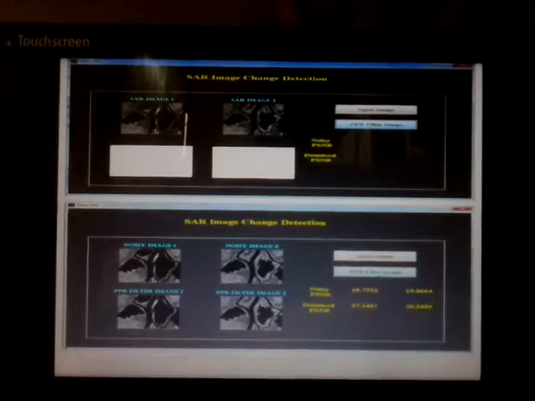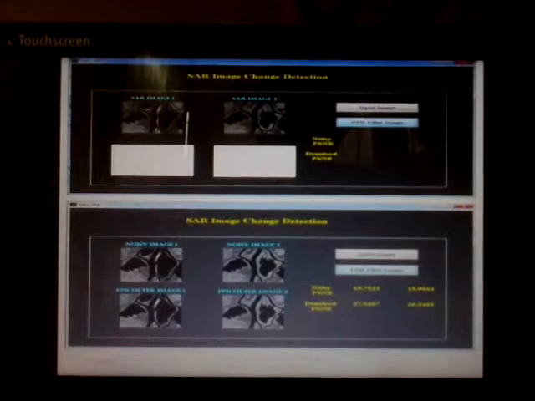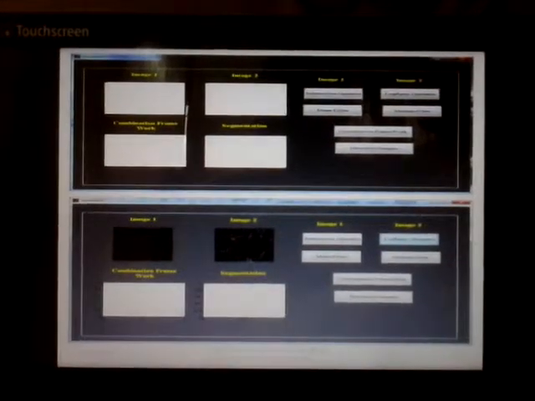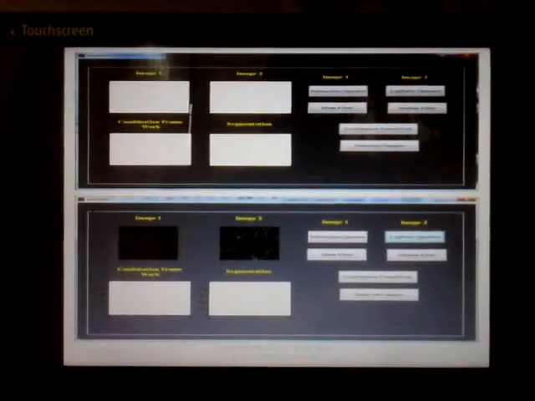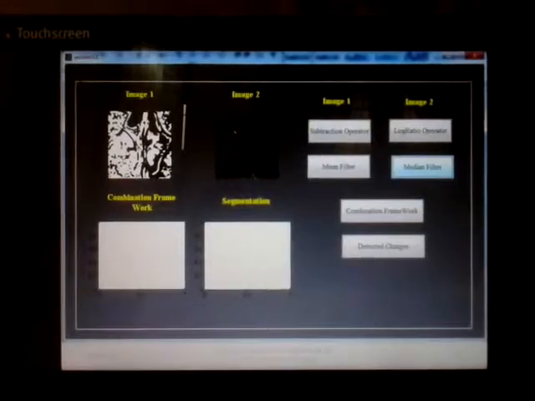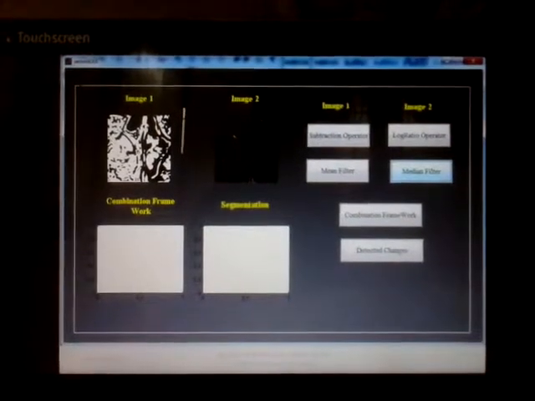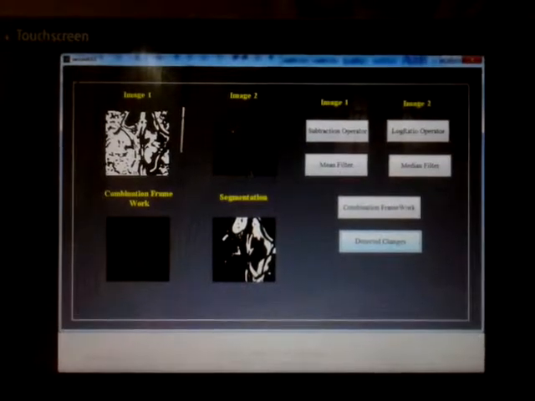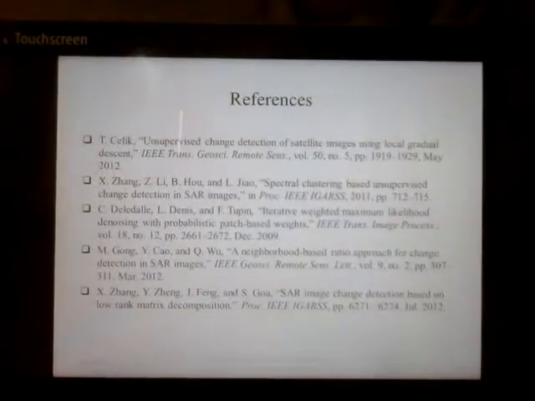Then we perform the PPB algorithm and we got the noisy PSNR and denoised PSNR for image 2. Then we do subtraction and log ratio operator. Now we do mean and median filter. Then finally the combination framework and the detected changes we got.